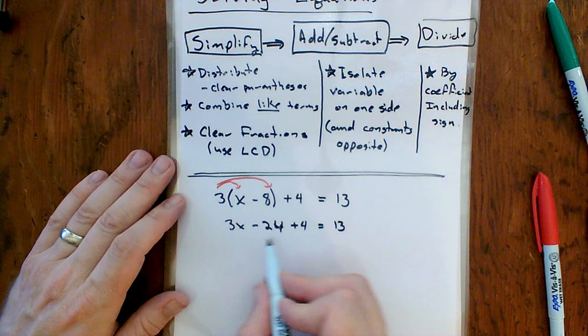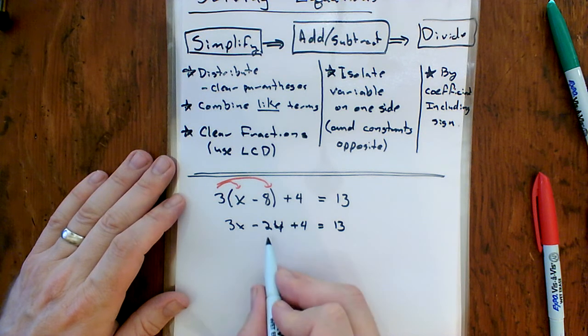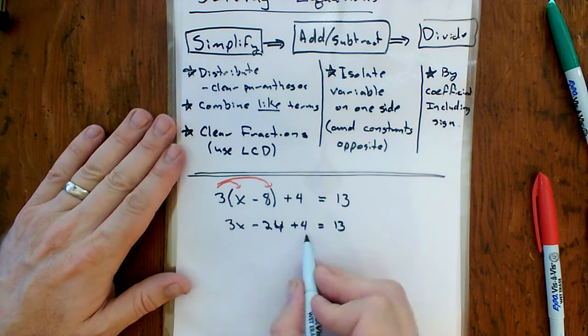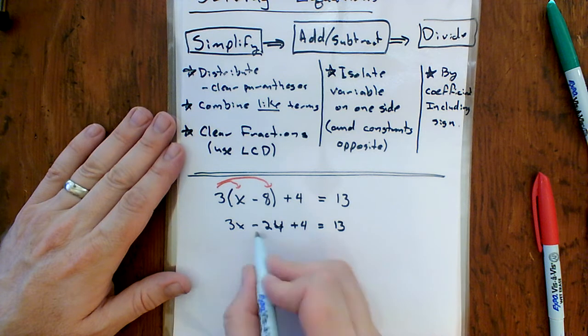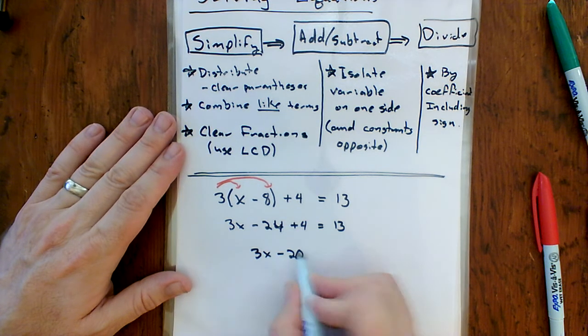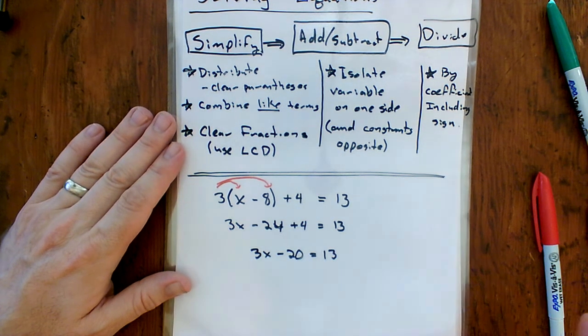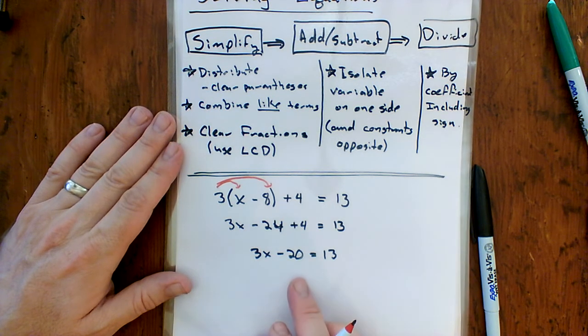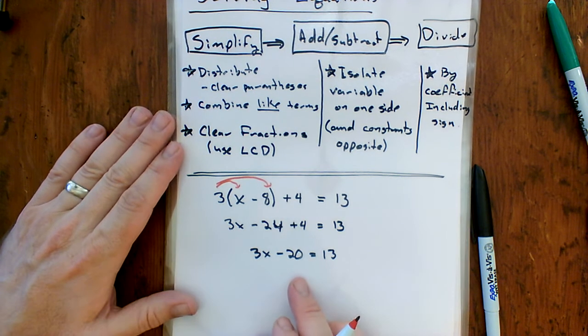Now what we can do is we can combine our like terms. Negative 24 plus 4 is going to be minus 20. So it's going to be 3x minus 20 is equal to our 13. I can't simplify anything else over here on the left anymore.